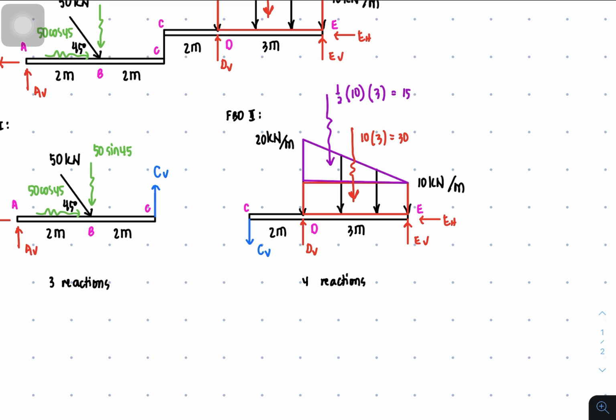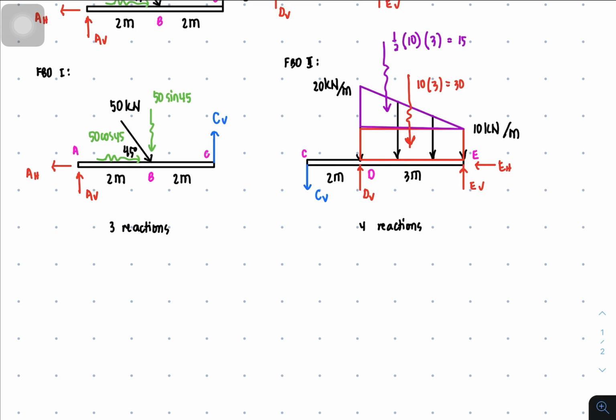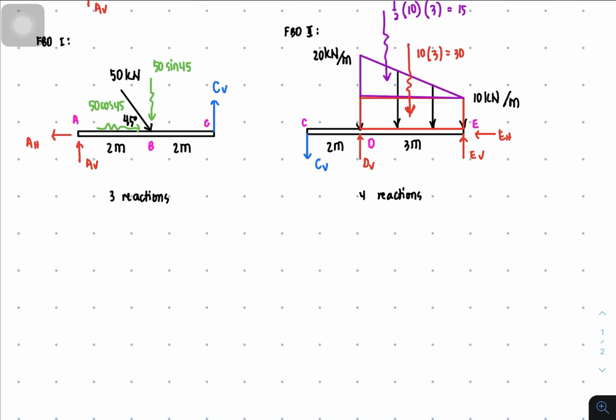Meaning to say, we're going to compare the two free body diagrams. The one has 3 reactions, then the other has 4 reactions. Remember that we have only the summation of forces vertical, summation of forces horizontal, and summation of moment. So in this case, we're only allowed to use which mo conform siya sa algebra.